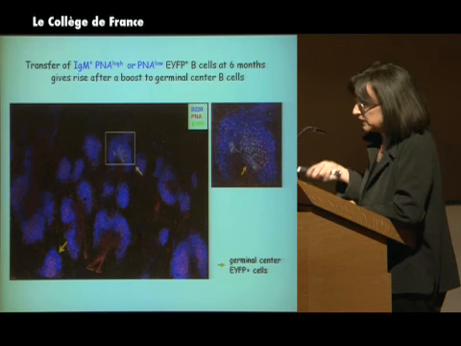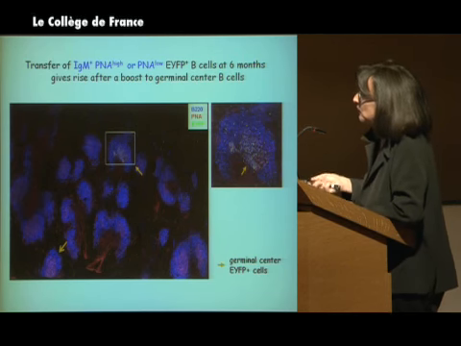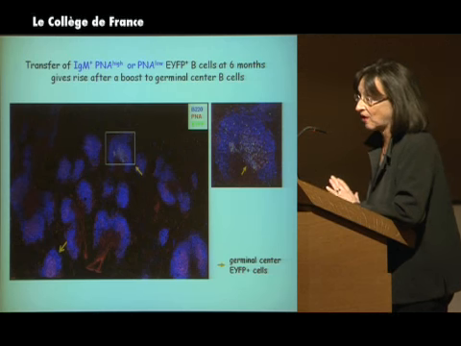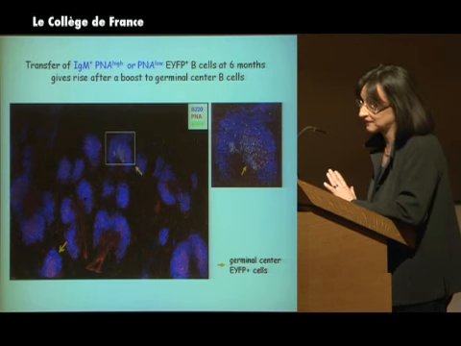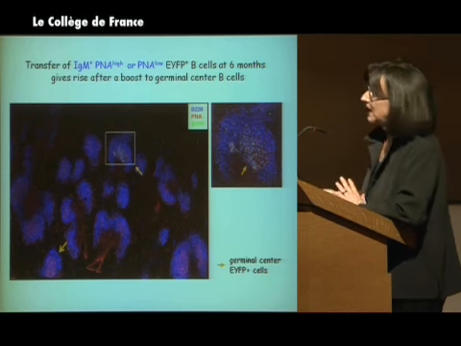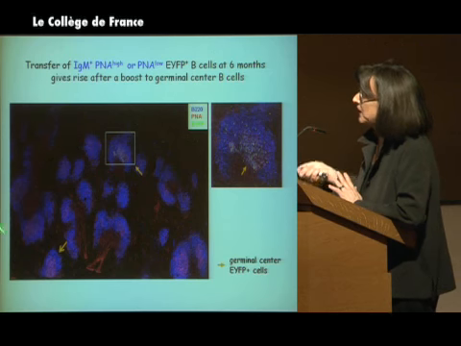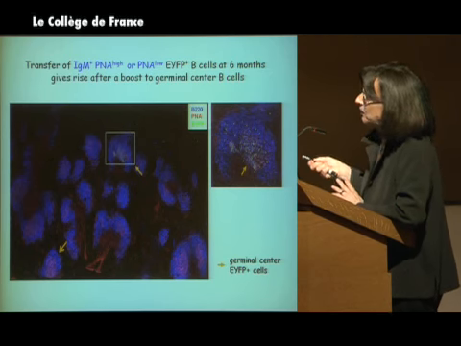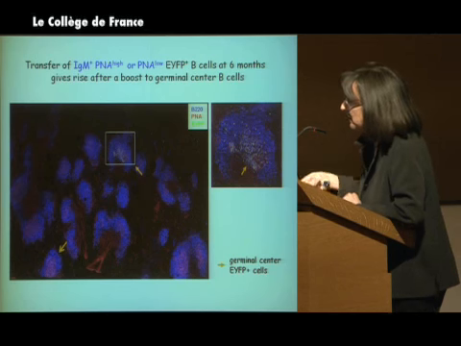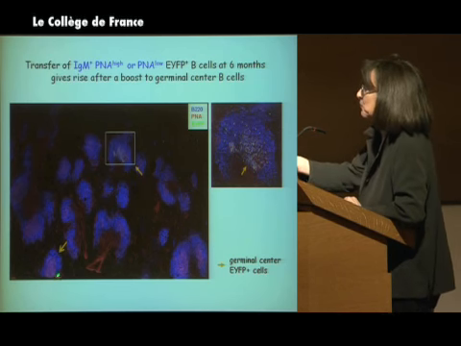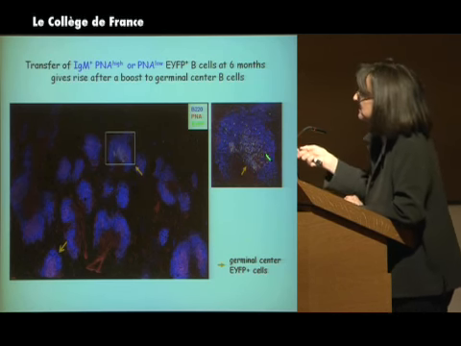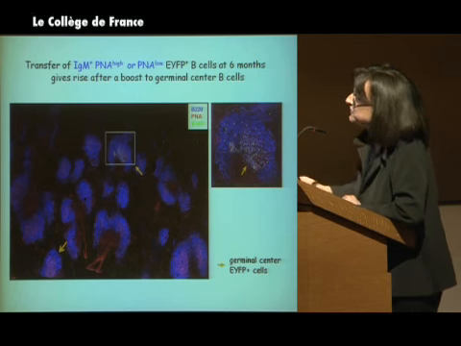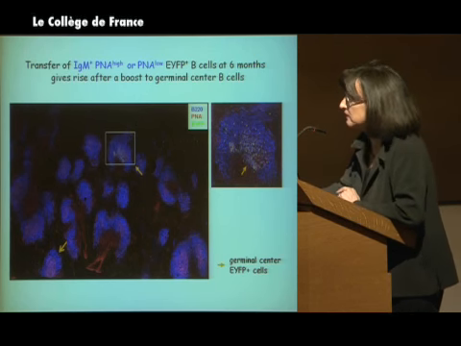And when you do confocal microscopy, it is only 10 to the 4 cells that are transferred into a mouse, and it's really amazing that you can right away identify them clustered in germinal centers. There is a small one and a big one on this section, and you see that these YFP cells reinitiate a germinal center reaction.